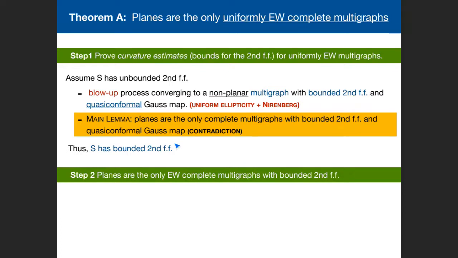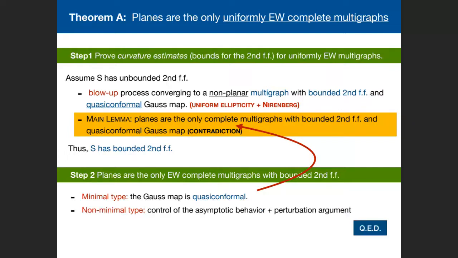Now step 2 is to prove that planes are the only elliptic complete multigraphs with bounded second fundamental form. If your surface is of minimal type, then this is straightforward, because the Gauss map is going to be conformal and you can use the main lemma to prove that it has to be a plane. If your surface is of non-minimal type, then you have to work a little bit more.